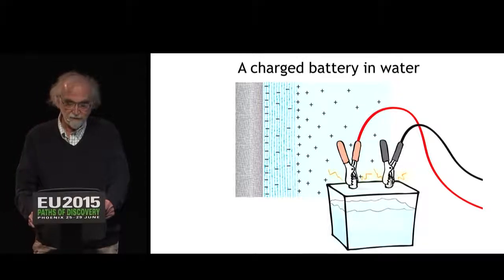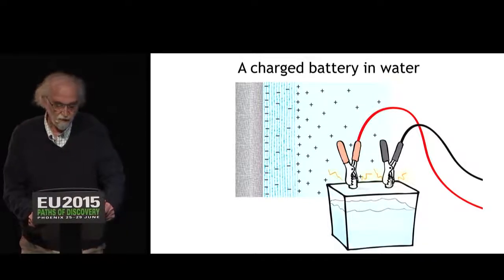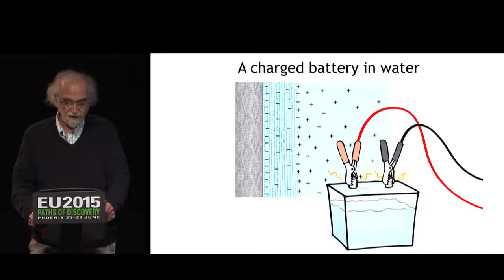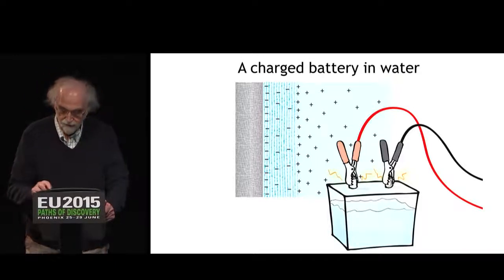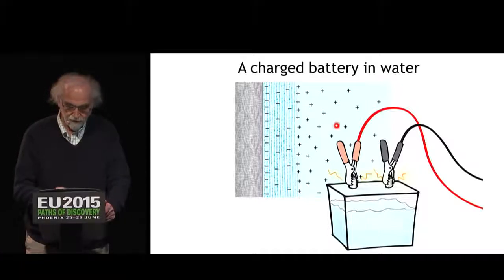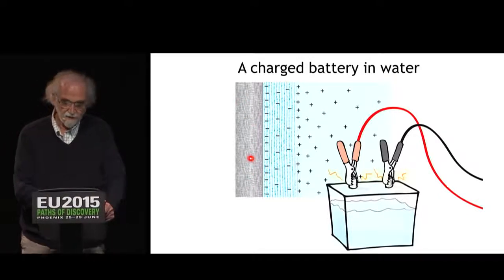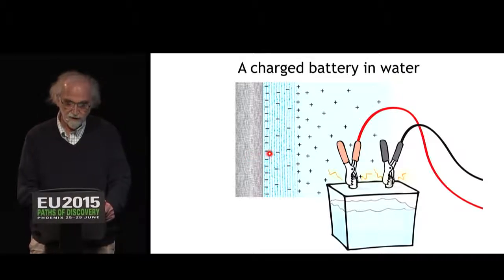The first one is that when water, and you can see the water here, and next to the water is some kind of hydrophilic surface. What we found is that when water meets the hydrophilic surface, it builds this huge zone.